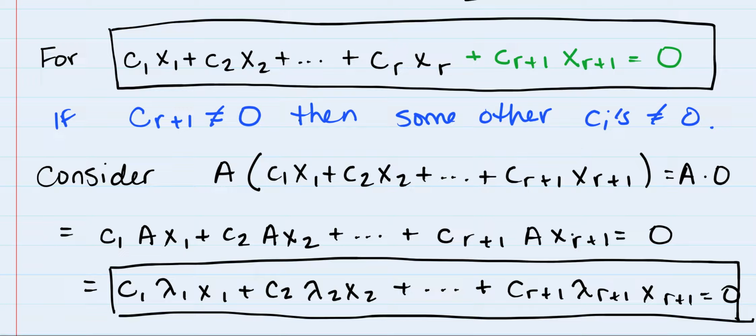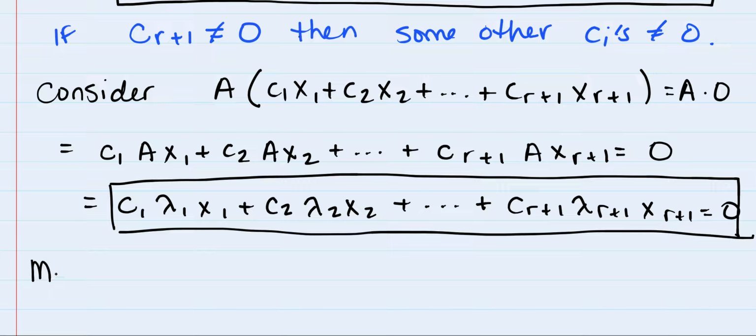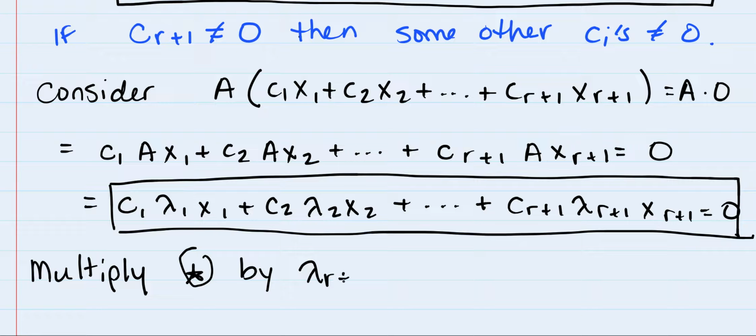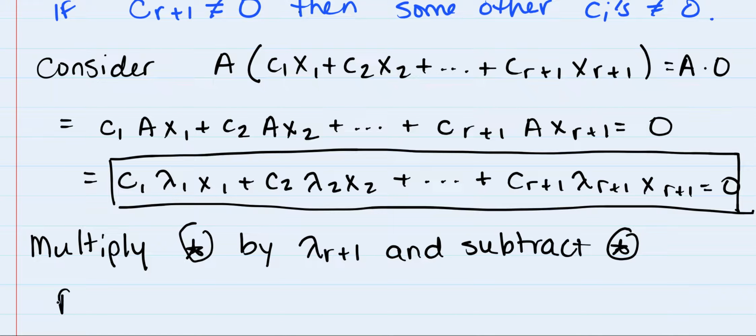And then I'm going to subtract these two equations. So I'm going to put a star here. I'm going to multiply that equation star by lambda r plus 1 and subtract star from, let's call it a dot with a circle, so subtracted from this equation here.